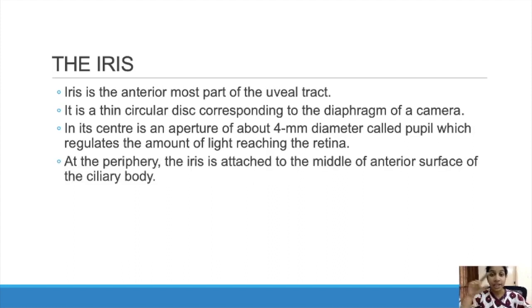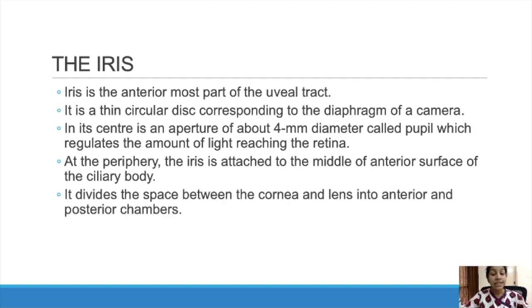At the periphery, the iris is attached to the middle of the anterior surface of the ciliary body. It divides the space between the cornea and lens into anterior and posterior chamber. You all know, right? When you study the anatomy of the eyeball, you already learned the eyeball is divided into two segments: anterior segment and posterior segment.